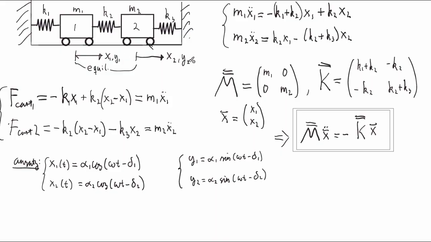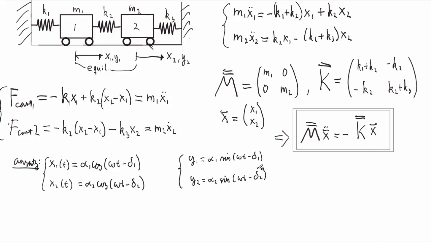Right? I call them either x or y, whichever. It's still the positions of the carts. And the only difference between these two solutions is that here we have a sine function and there we have a cosine function, and they're both really the same. The only difference between the two is where you set time t equals 0.